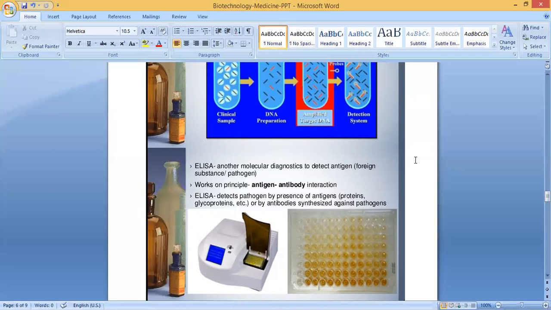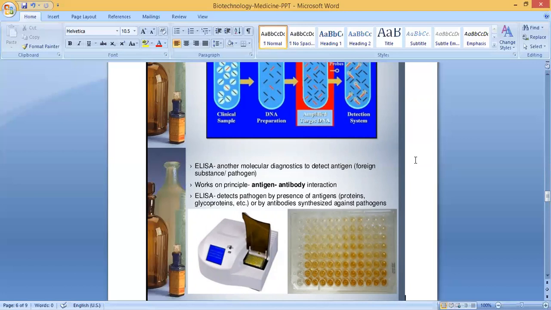So how does it detect? ELISA detects pathogens by the presence of antigens like proteins or glycoproteins, etc., or by antibodies synthesized against pathogens. In the early stages, ELISA detects the pathogen by the presence of antigens, at very low concentration, but in late stages the content in the blood becomes more.